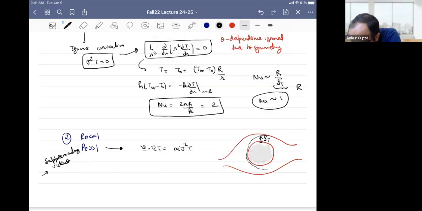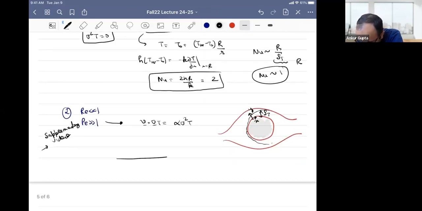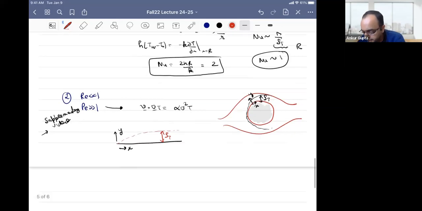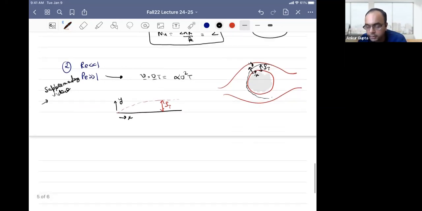But think of it like this: whenever we have a boundary layer, we define y and x, which is what we'll do here as well. Y and x, and then we'll have a delta T. Instead of writing all of this down, I want you to remember this. All you can say is Vx del T by del x is alpha del squared T by del y squared. You can show this more rigorously, I just find it easier to write it like this.